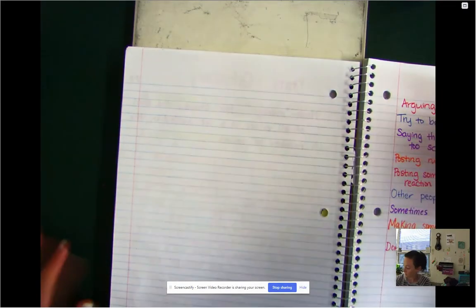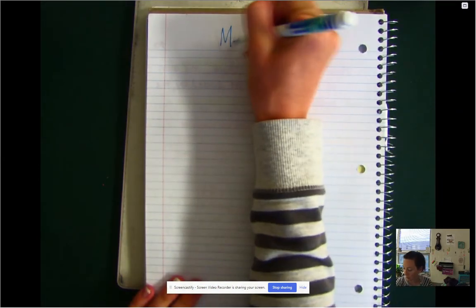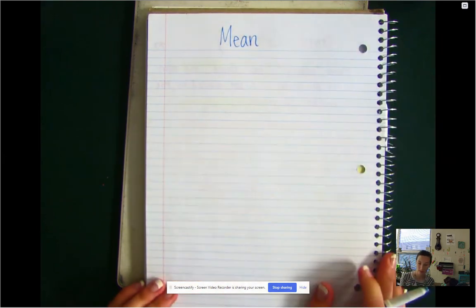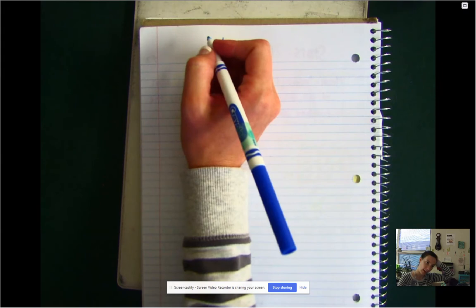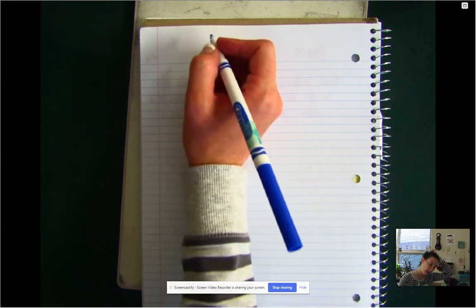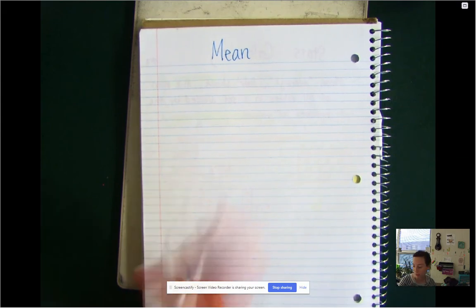Oh, got some more notes in here. All right. So this page is going to be all about the mean. Let's say that my friends and I are going out to eat, and I say, all right, everybody, how much money do you have?